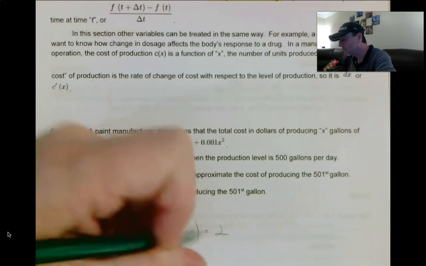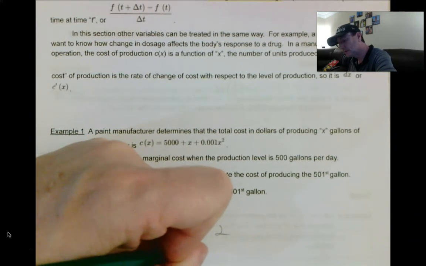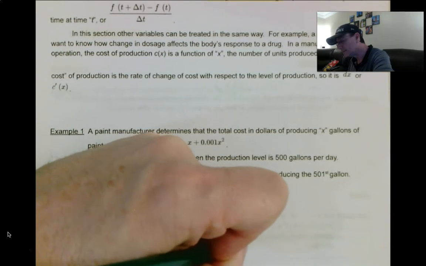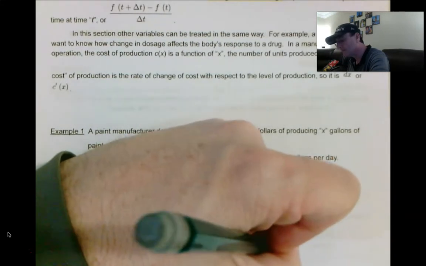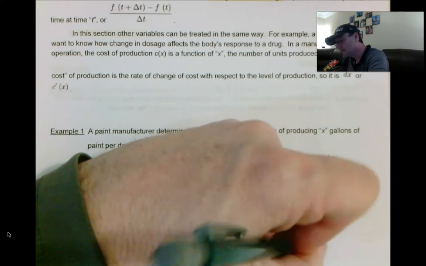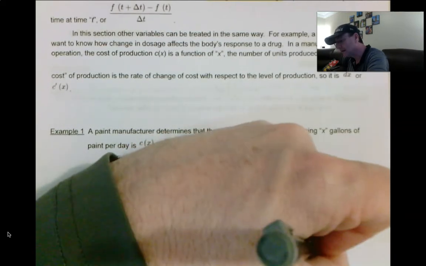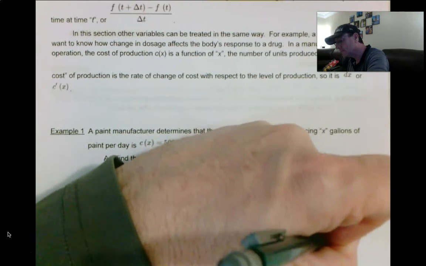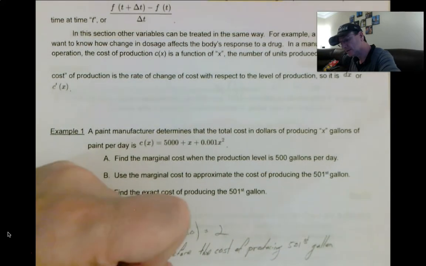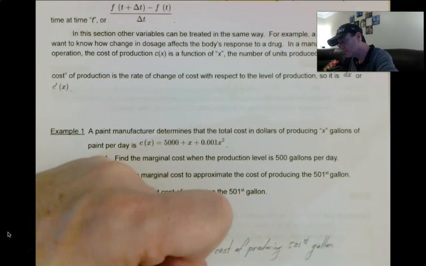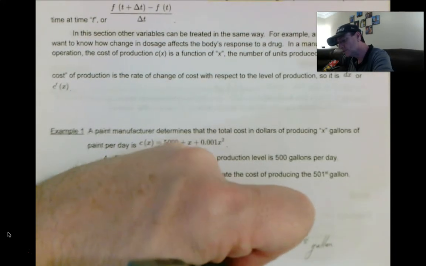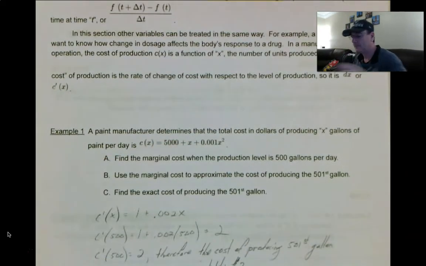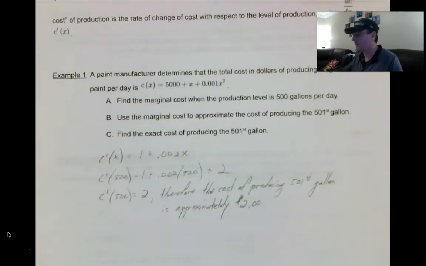Therefore, the cost of producing the 501st gallon is approximately $2.00. That's part A.